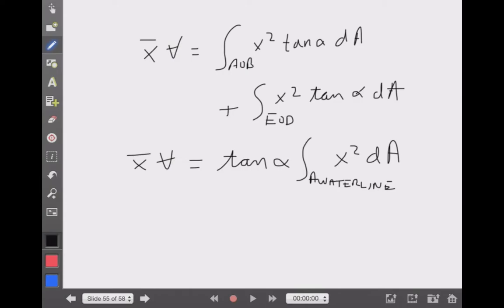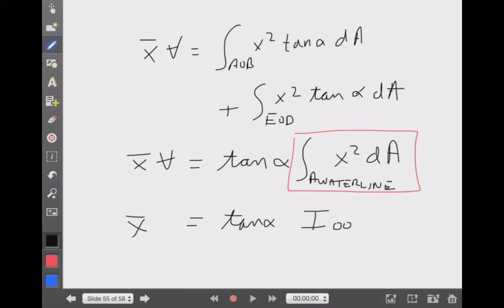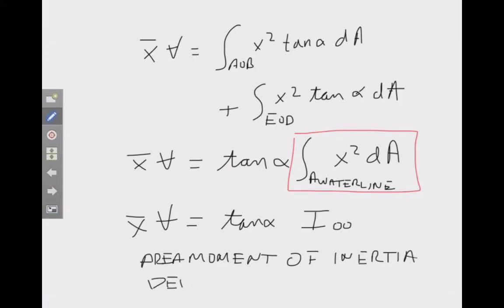So this quantity here becomes what is given the symbol in the book as just I00, which is the area moment of inertia defined by the water line.